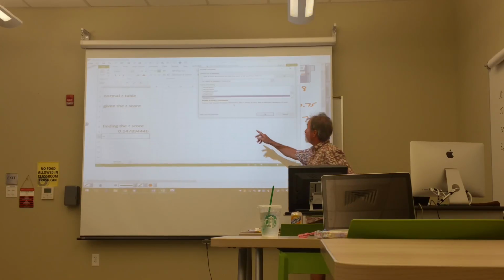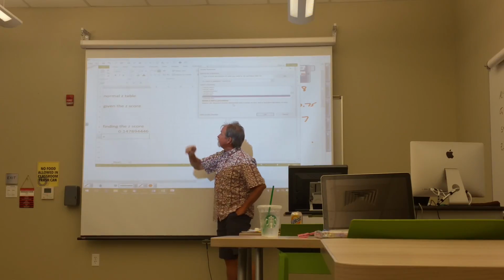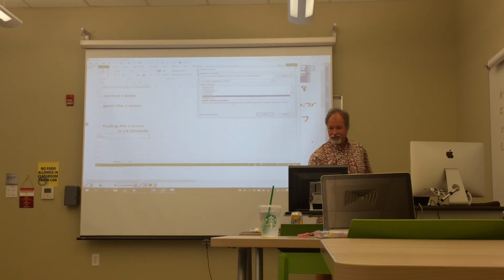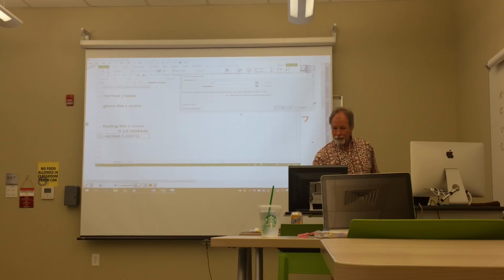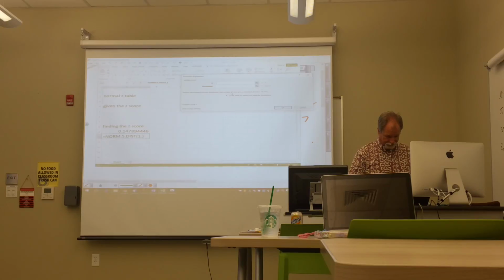Okay. When I use norm S distribution, it says type in the z-score, so I type in the z-score of 1.6. Is this what I'm doing? And cumulative.